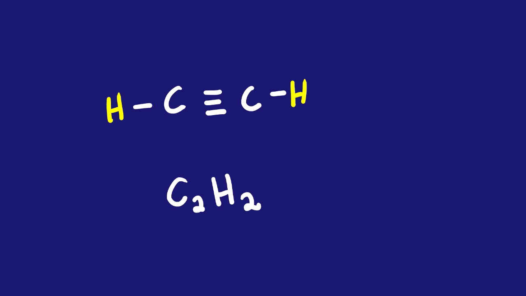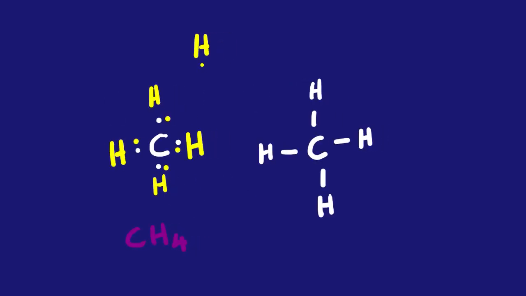Now let us look at the term molecular formula. You should know that the molecular formula is a chemical formula that indicates the type of atoms and the correct number of each in a molecule. In our examples, looking at the molecular formula, this one tells us that we have 1 atom of carbon and 4 atoms of hydrogen.